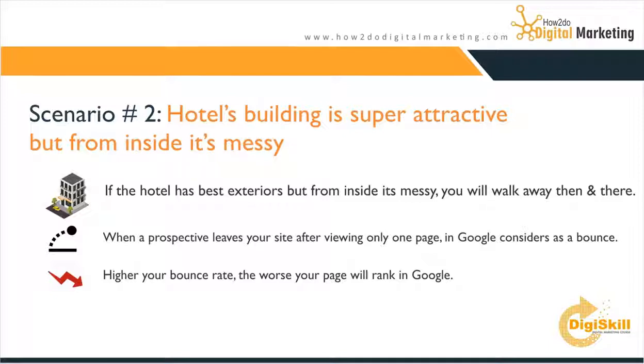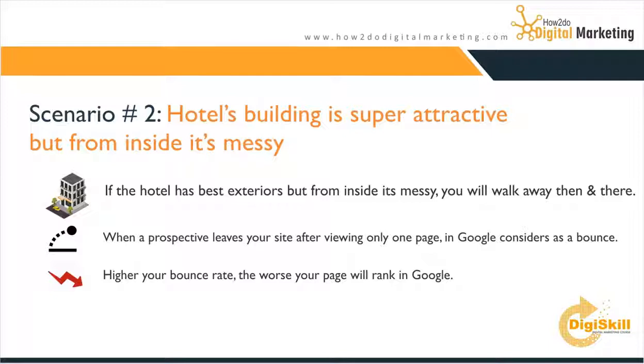So if your hotel has great exteriors, if your website has great exteriors, but inside is messy, what will happen? You will simply visit and get out immediately because you say this is not for me. So if your off-page SEO is great, people will visit you. You will get ranked well.